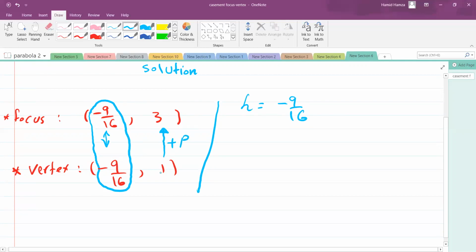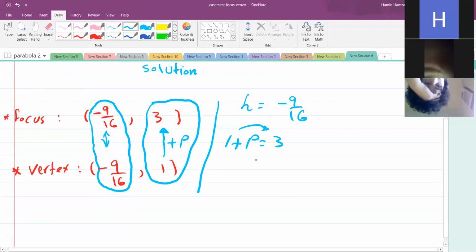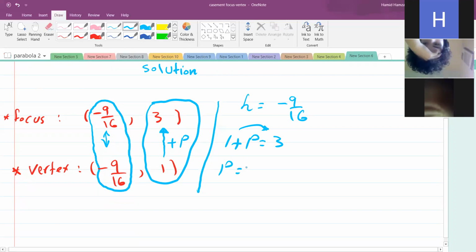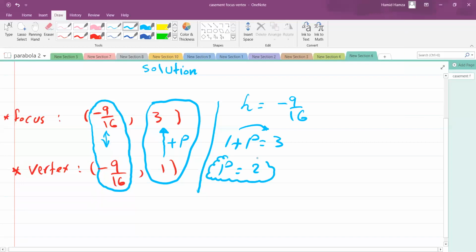So let's form an equation from these two. So 1 plus b equals what? Equals 3. So let's take this to the other side. So b will be what? 2. So this is the value of b. Okay, so also, do you remember?